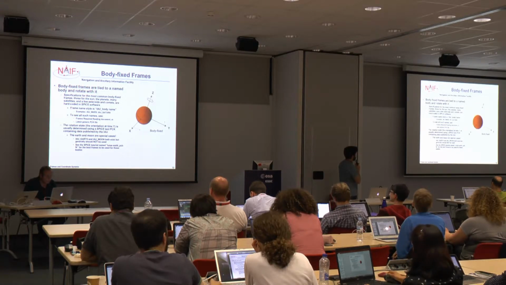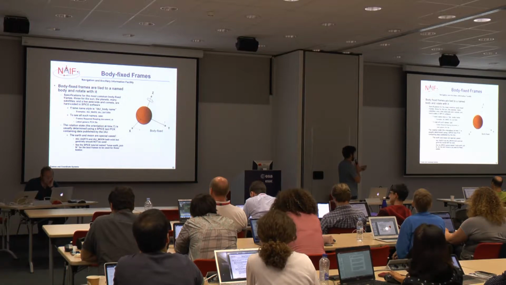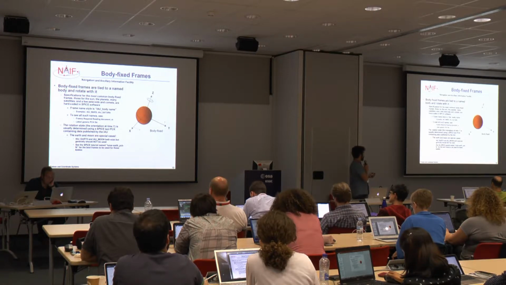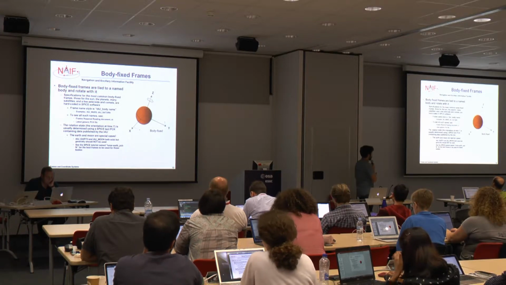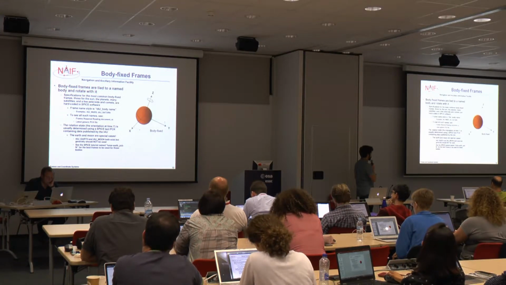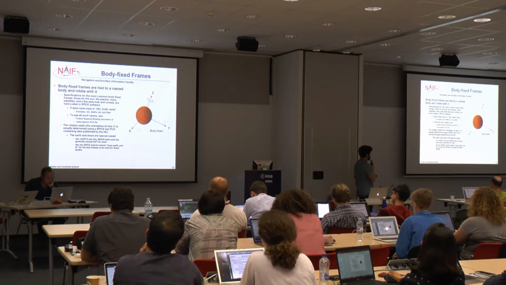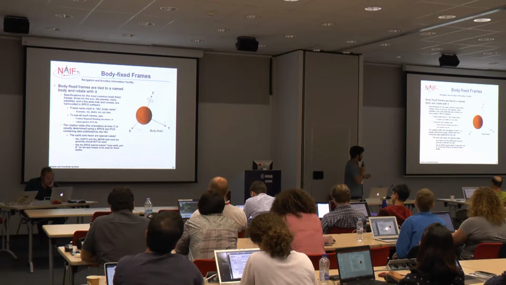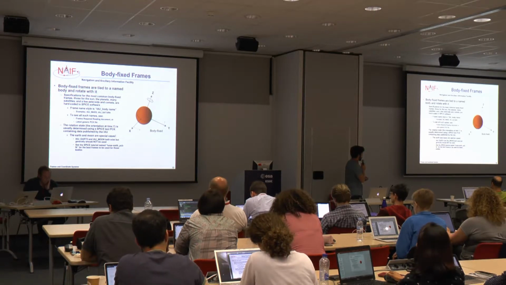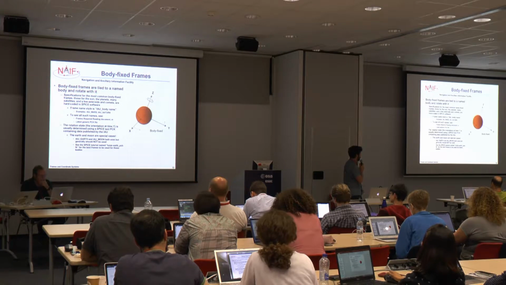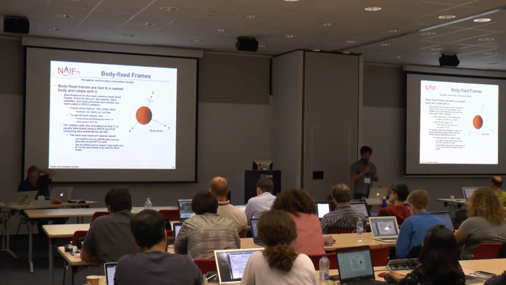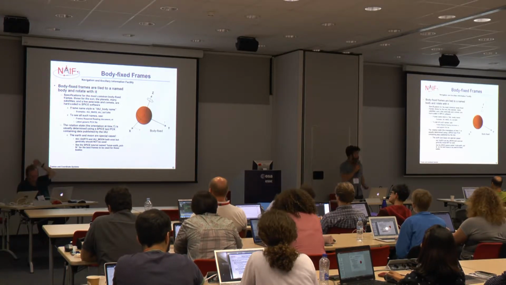Now, what I just mentioned, the rotation state, so the orientation at a given time, is determined using the text PCK, which contains the latest data published by the IAU. There are two special cases, which are the Earth and the Moon, because although those definitions exist, they should not be used, because there are higher precision PCKs available, which are explained in the Lunar Earth PCK frames kernel tutorial that, if I'm not wrong, we're also going to have on Friday.